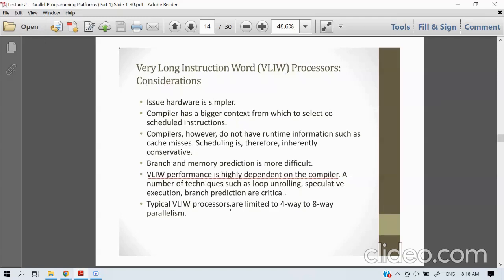It really relies on the compiler to identify whether there is a branch jump, or speculative execution, and also to predict the critical instruction. Typical VLIW processors are limited to 4-way to 8-way parallelism.